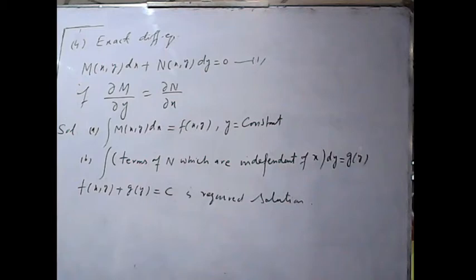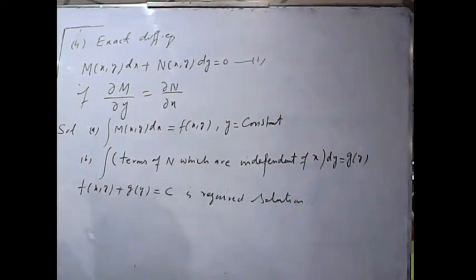Then the sum A plus B is equal to C, arbitrary constant, is our required solution. So we consider one example to understand the identification of the fourth form and the corresponding solution.